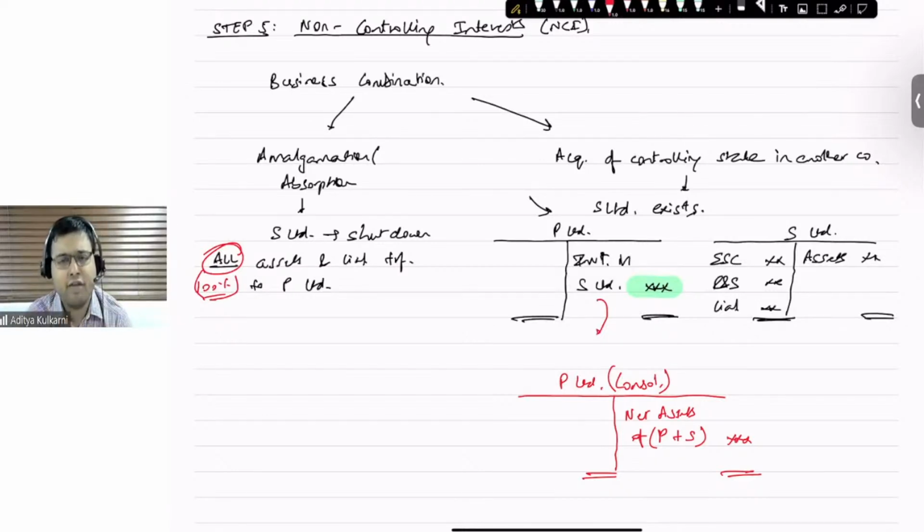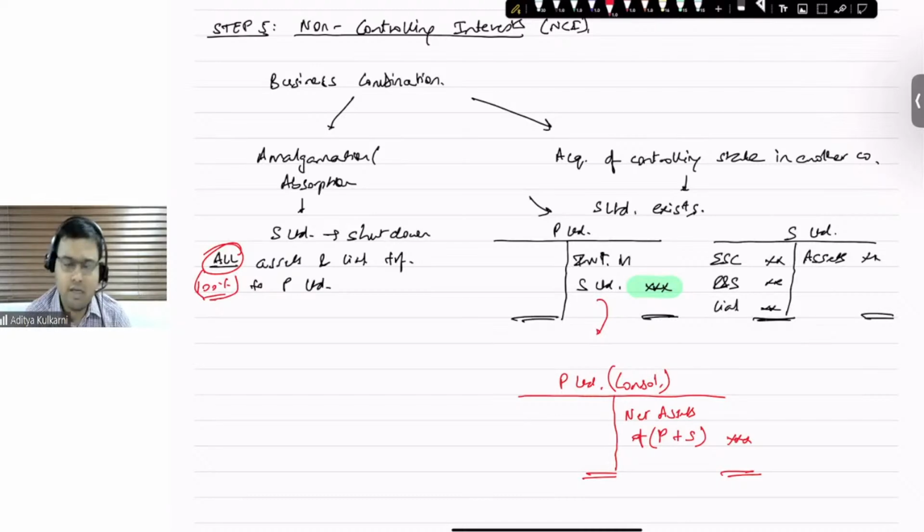So in every general meeting that happens, it is only your rule. You are alone able to determine what is going to happen because so many people will not even come to the general meeting. So therefore, in substance, you are controlling, although it is a less than 50% stake. So therefore, the NCI will be a 60% stake. We cannot call them minority interest because they are holding a greater number of shares.